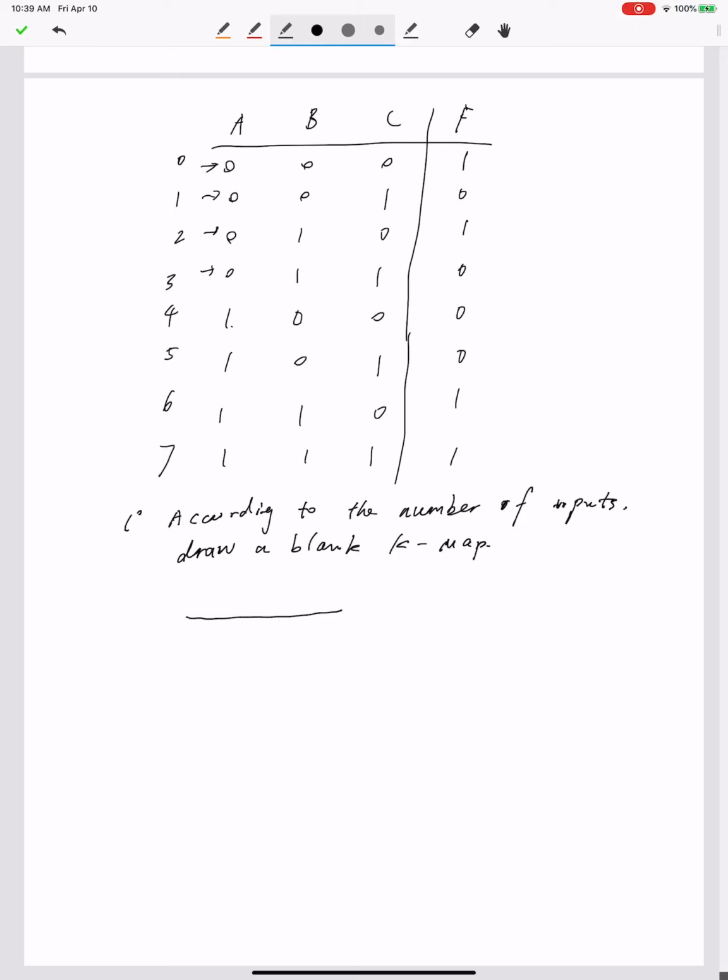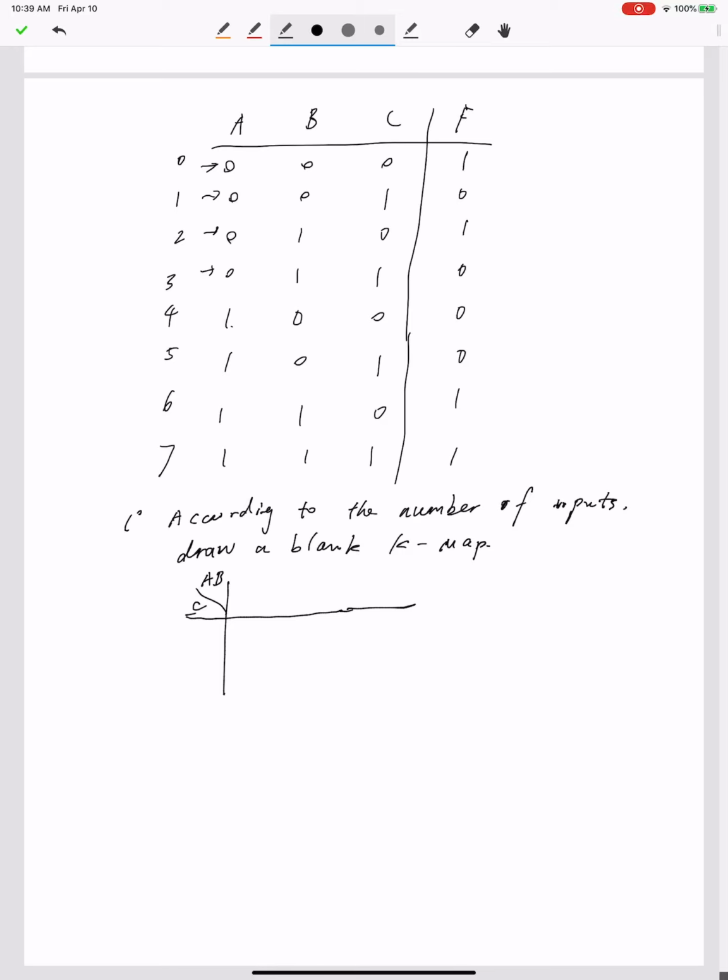Okay. All right. So let's draw a blank 3-input kernel map. The representation is something like this. We put 2 inputs on one side and put the other one on the other side. So let's put A, B on the top side and put C on the bottom side.